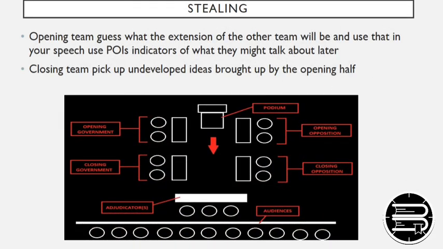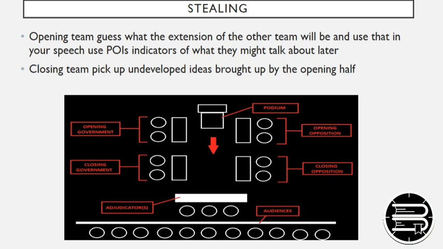Then the other one is stealing. I like this one. As an opening team, guess what the extension of the other team is going to be, and use that in your speech. Use POIs as indicators of what they might talk about later. You are guessing what the opposition is going to say, and you talk about it right now, extending your speech this way.